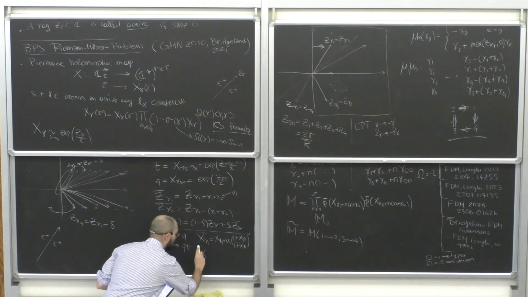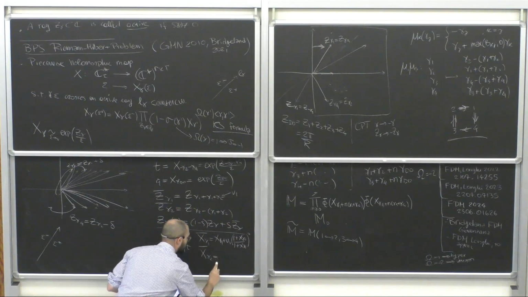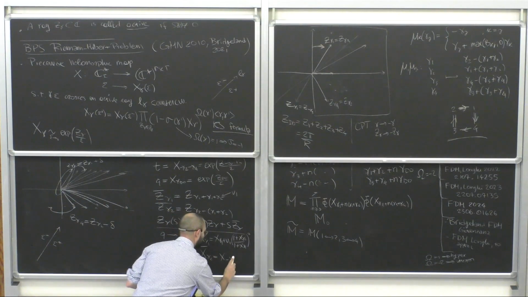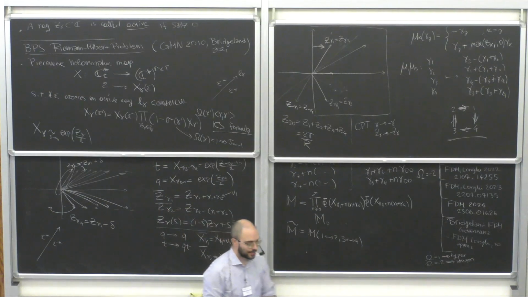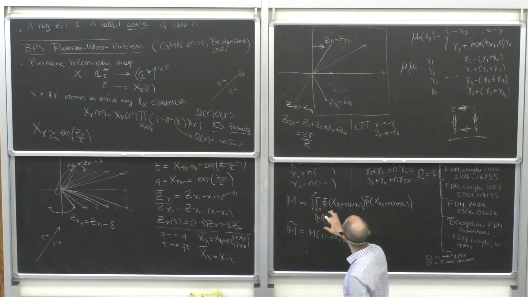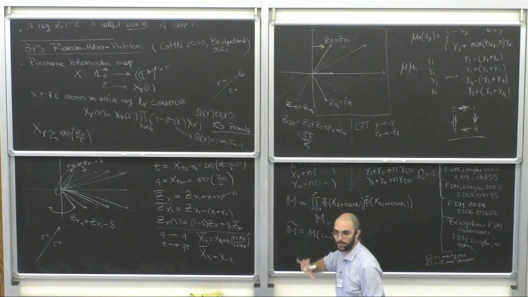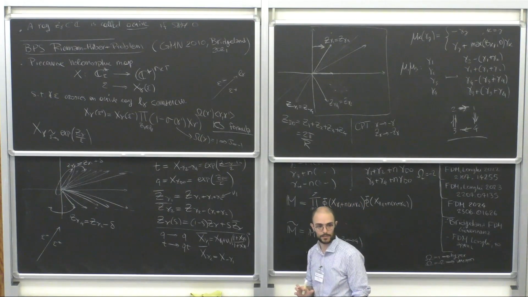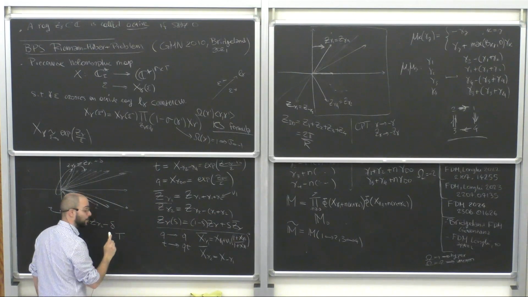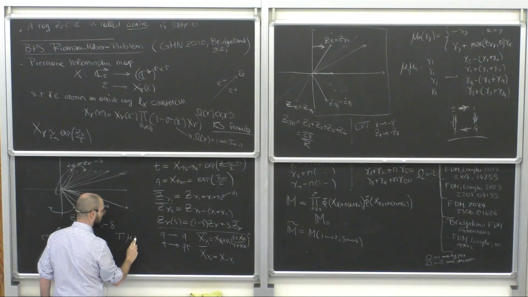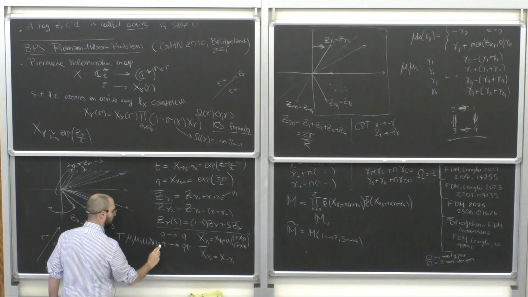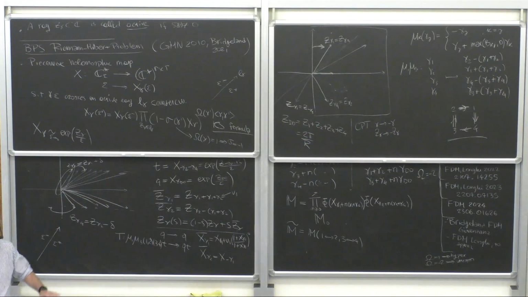And X bar of gamma 2 is X of minus gamma 1. And here I also included this permutation of the nodes so that the quiver goes back to itself. So this is really the transformation under a discrete time evolution T, which is the sequence of the two mutations and a permutation of the nodes. This leaves the quiver invariant.